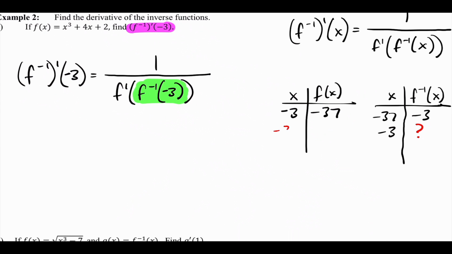So if we plug in -37, what do we get for x? We can only plug it into one spot, right?